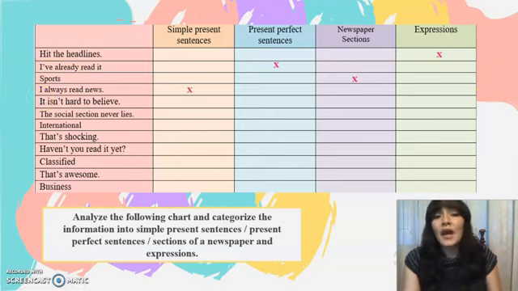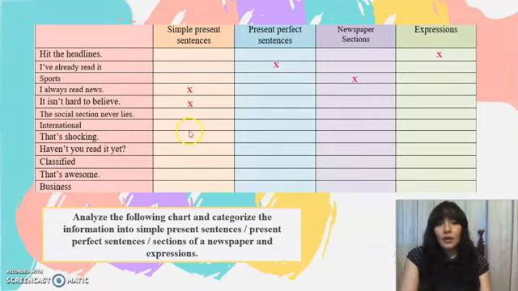It isn't hard to believe. Obviously this is simple present. We have the verb be in present. Another example is the social section never lies. This corresponds to simple present because it's like a fact. Also, we have another that is international. This one corresponds to newspaper section. Very good.